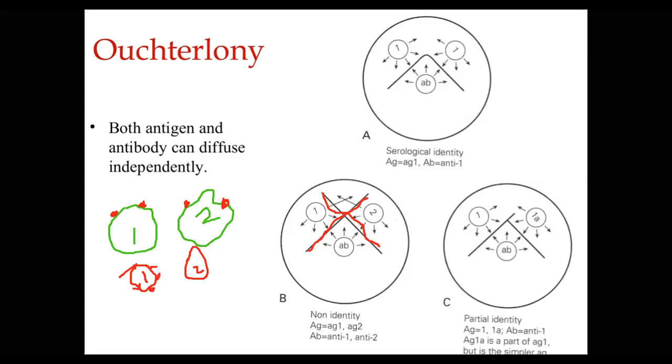So similarly, the second one also has different epitopes, but these epitopes do not match each other, so they are non-identical. Okay, they are non-identical. So we get this type of precipitation line, which indicates that these are non-identical antigens.